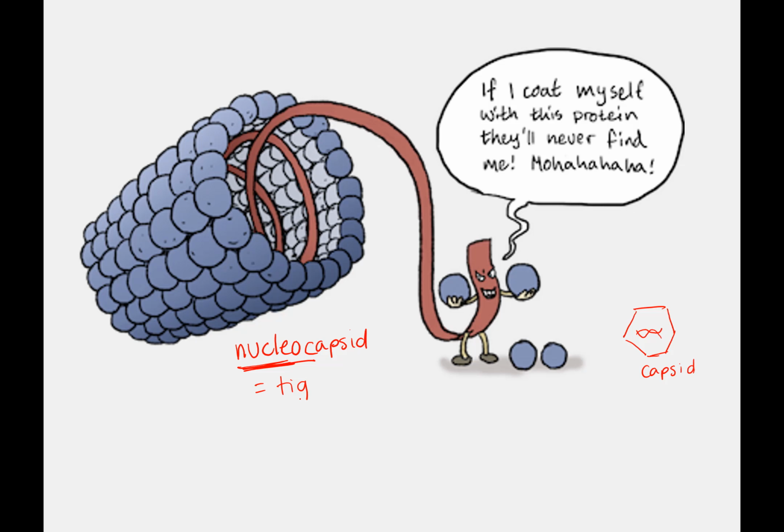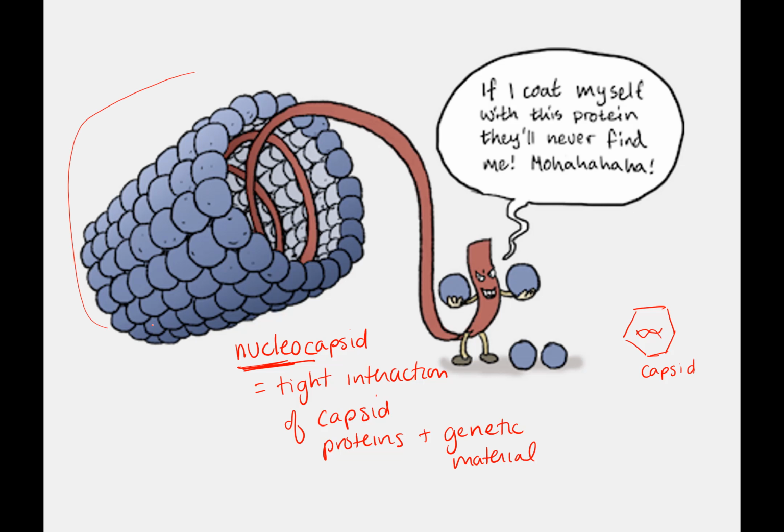So it's a tight interaction of capsid proteins and the genetic material, whether it be RNA or DNA. And some viruses will even have another capsid outside of this, or they'll have their envelope outside of this. So just understand when you're reading about viruses, a nucleocapsid means it has this tight connection to the genetic material.